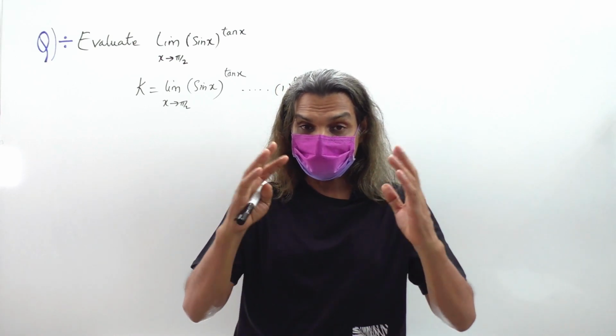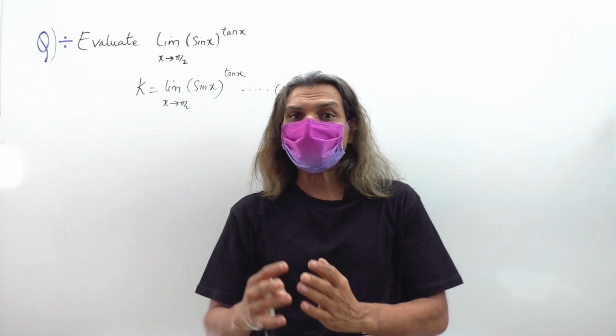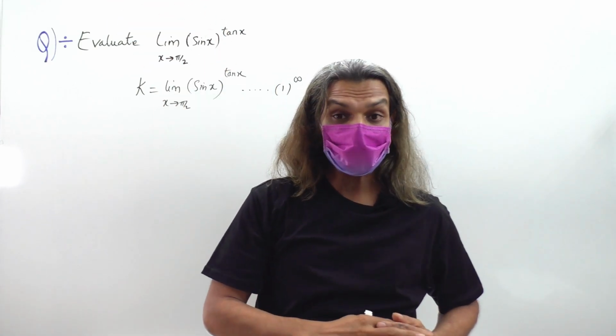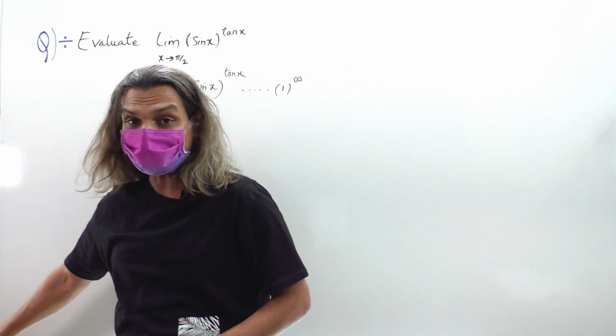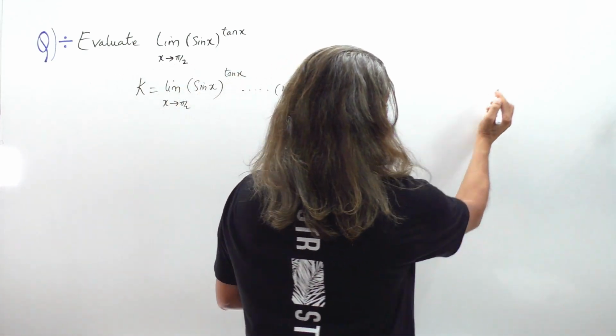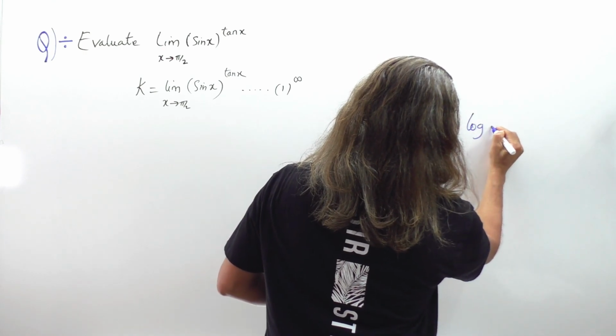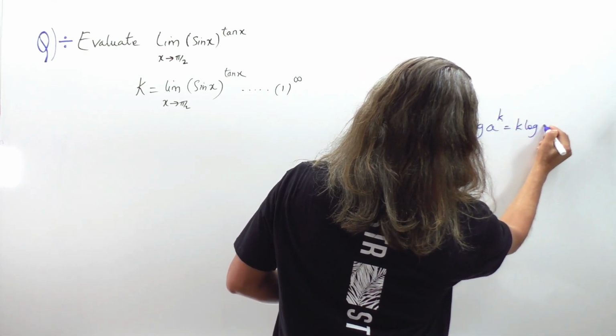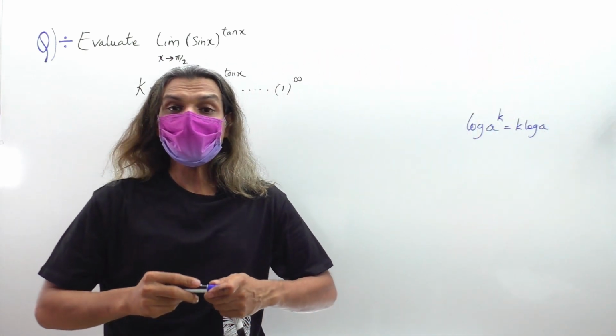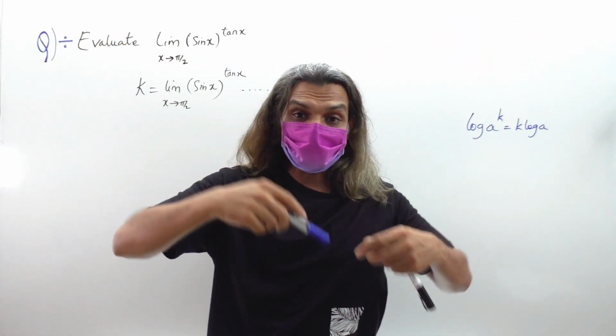Getting it? I always keep on repeating, log is a very powerful tool. It can bring any function down. How? This is a very important logarithmic relation, that is log of a raised to k equals k log a.